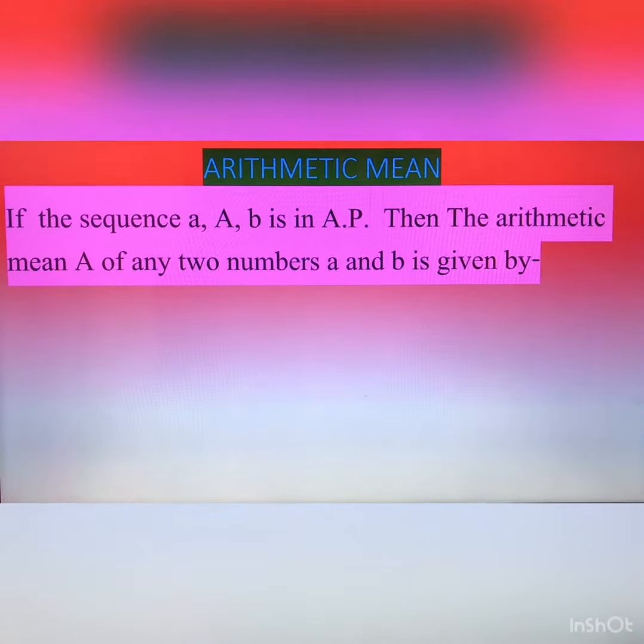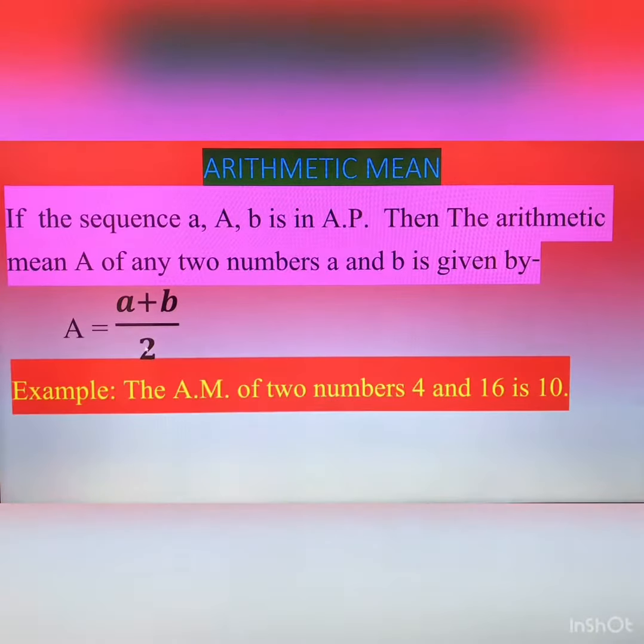Okay, after that, arithmetic mean. How can you find the arithmetic mean and what is the meaning of arithmetic mean? If a sequence A, capital A, B is in AP, where capital A denotes the arithmetic mean, then the arithmetic mean A of any two numbers a and b is given by capital A equals a plus b by 2. So this is the arithmetic mean.